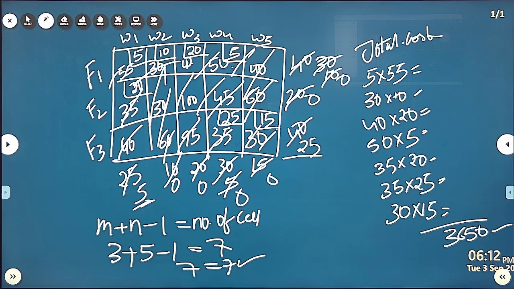So is this method clear, or do I need to explain one more question, or what? Tell me. If you are not clear, I will explain one more question on this.